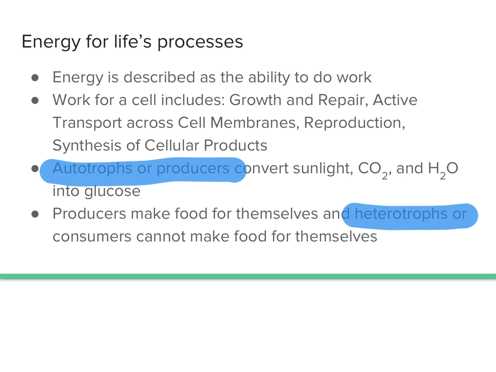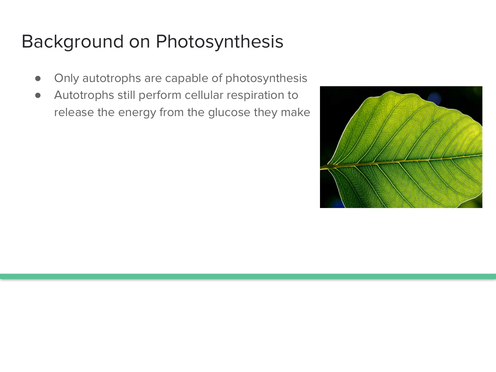So we have to take in food and then convert it to energy. Autotrophs, like plants, on the other hand, can make their own glucose from sunlight, carbon dioxide, and water, and then they can undergo cellular respiration also to make their own energy. So they do it all by themselves.